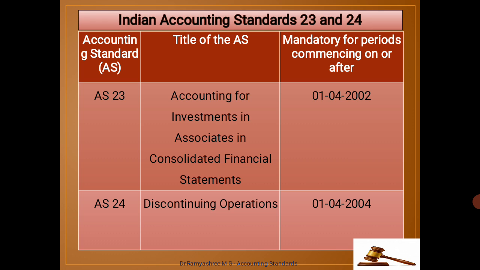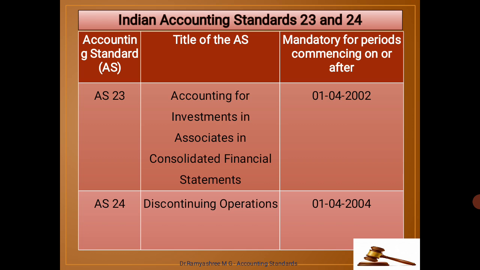This standard should be applied in accounting for investments in associates in the preparation and presentation of consolidated financial statements by the investor. This standard specifies the meaning of certain terms such as an associate, significant influence, control, a subsidiary, a parent, a group, consolidated financial statements, the equity method, and equity.